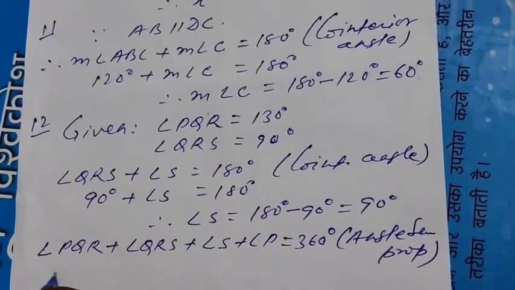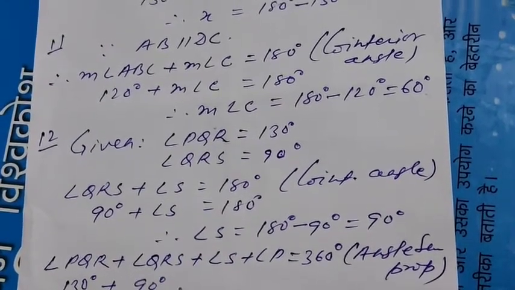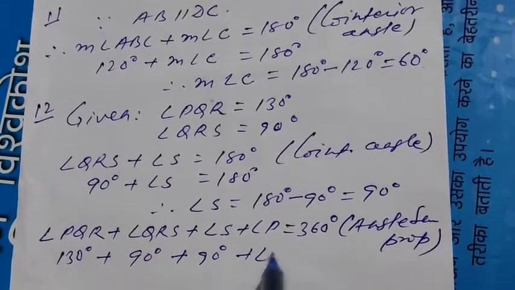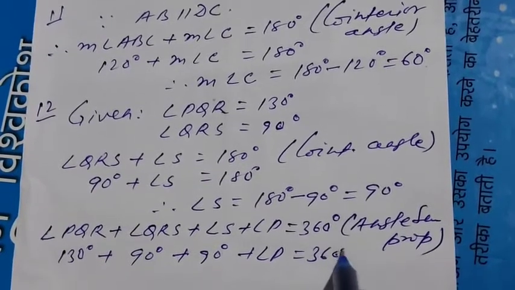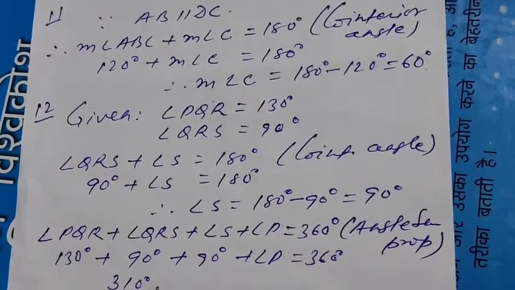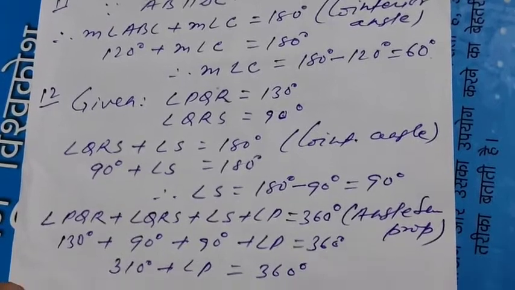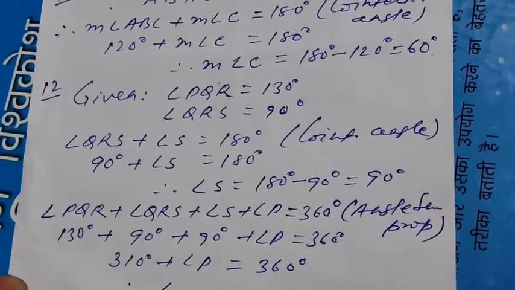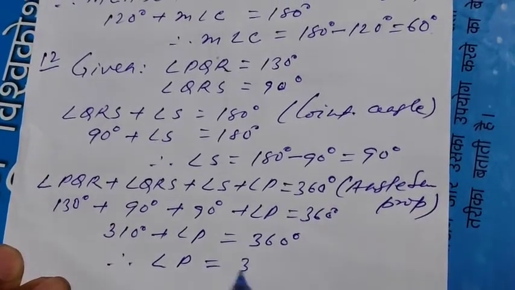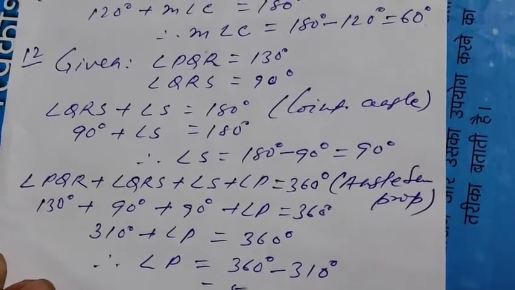Value of PQR is 130 degree plus QRS 90 degree plus angle S is 90 degree plus angle P equal to 360 degree. Therefore 310 degree plus angle P equal to 360 degree, and therefore angle P is equal to 360 minus 310 degree, that is 50 degree.